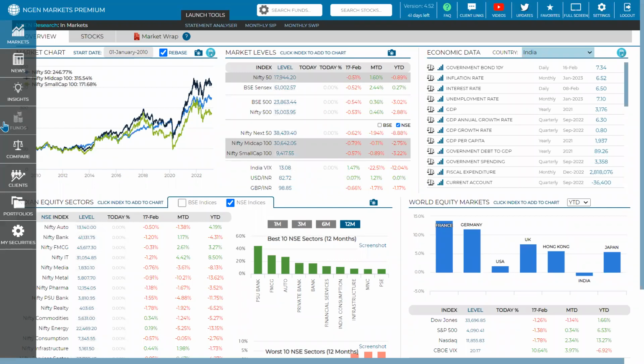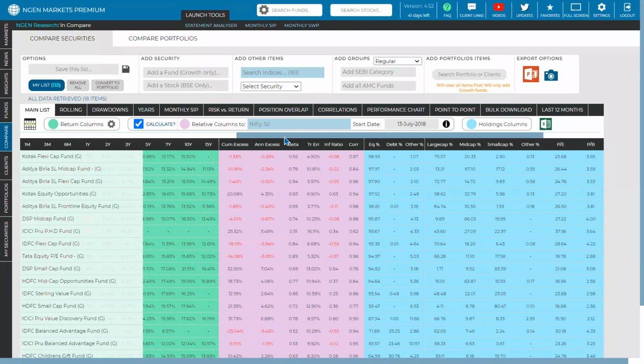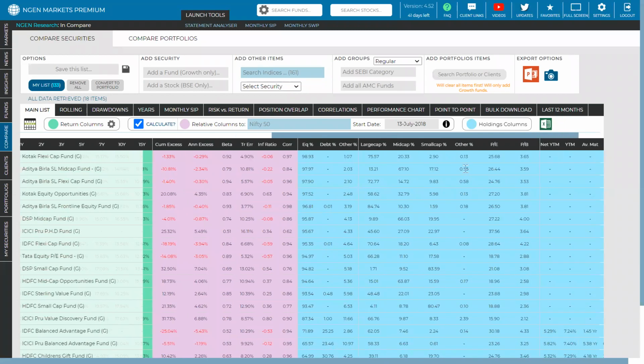So sir, I'm aware that we get PE data for the index as well. Will that help? Yes, to start with, index is fine. Later on, we will see where that particular mutual fund is. For funds you have already given PE here, for example, Kotak Flexi Cap shows 25.68.